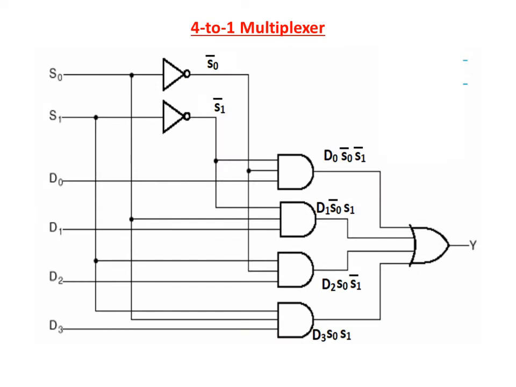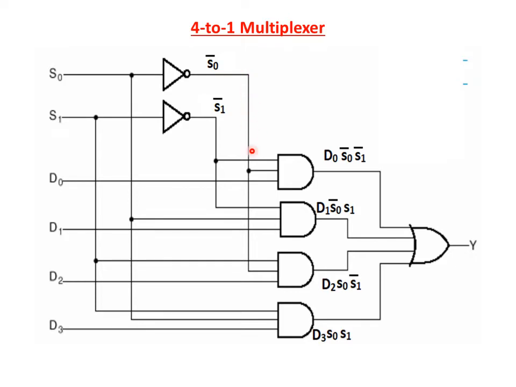This is the logical diagram for the 4 to 1 multiplexer. The selection inputs S0 and S1 are given here, and the data inputs D0, D1, D2 and D3. The selection inputs in uncomplemented form we can take from this position, and the complemented form we can take from this position.